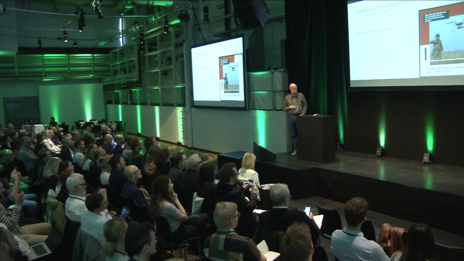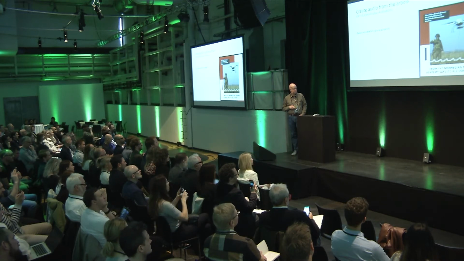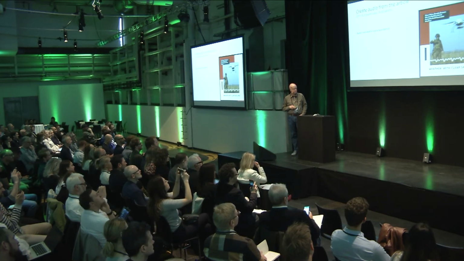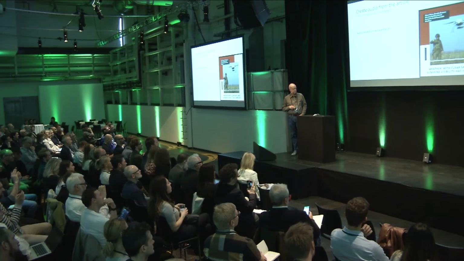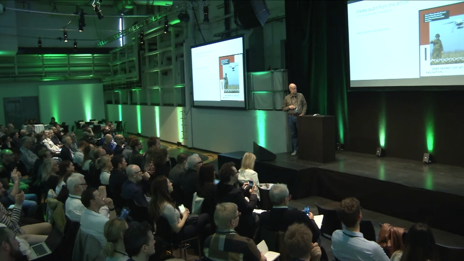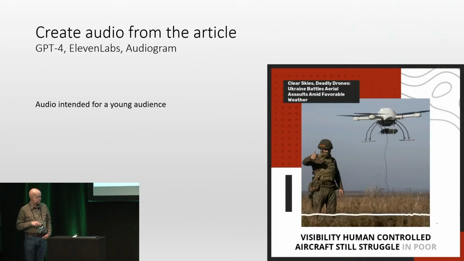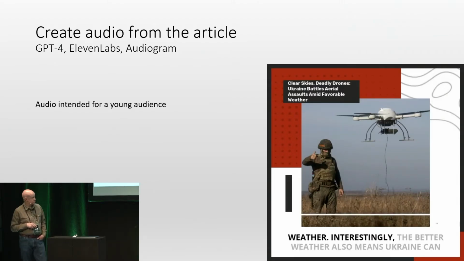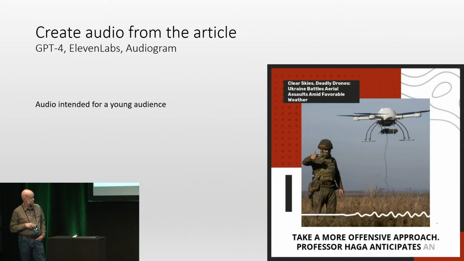Well, Professor Lars Peter Haga from the Norwegian Defense Academy says it's all down to the weather. With clear skies and sunshine, visibility has improved, making it easier for drones with cameras to navigate. Although some drones use satellite navigation and aren't affected by visibility, human-controlled aircraft still struggle in poor weather. Interestingly, the better weather also means Ukraine can take a more offensive approach. Professor Haga anticipates an increase in activity related to the ongoing conflict.